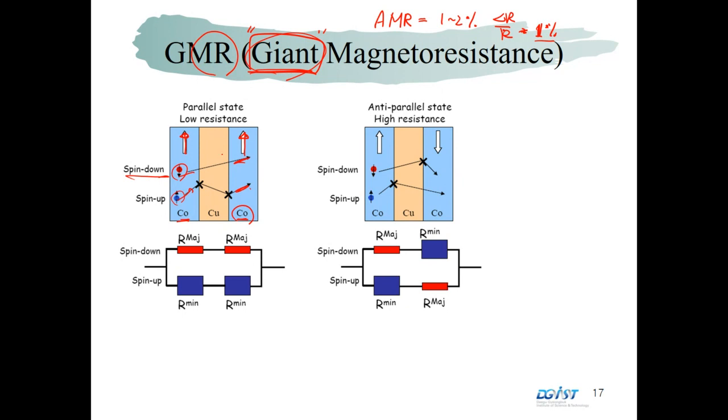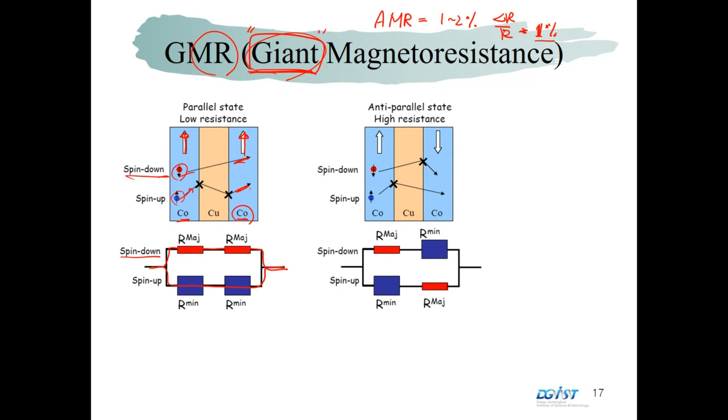So without any spin flips or spin scattering, we can make such a resistance model. This is a cobalt layer, this is another cobalt layer, and this is copper. We assume there's no resistance in the copper. Then the spin down electron can pass through this way, and spin up passes through this way.